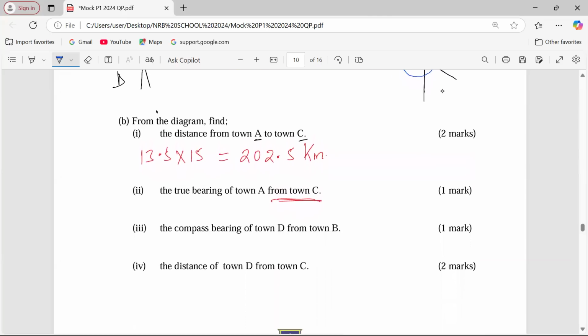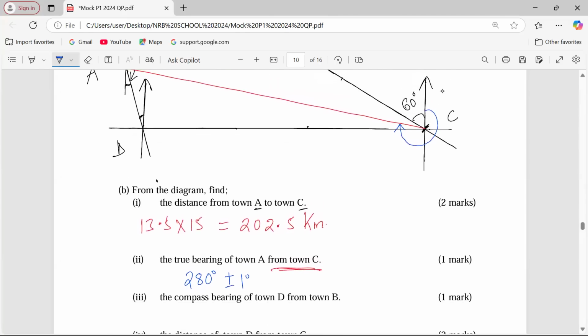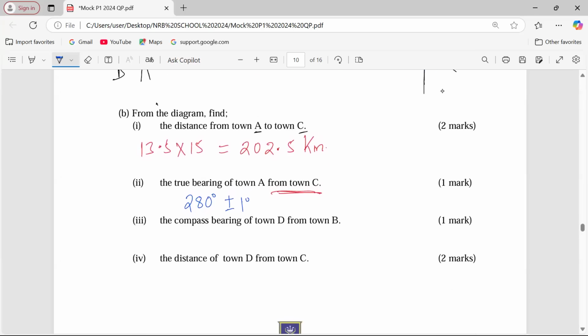We usually allow an accuracy of 1 degree, so it can be plus or minus. That's just an estimation. So we can measure it and we estimate that way. It's well estimated.